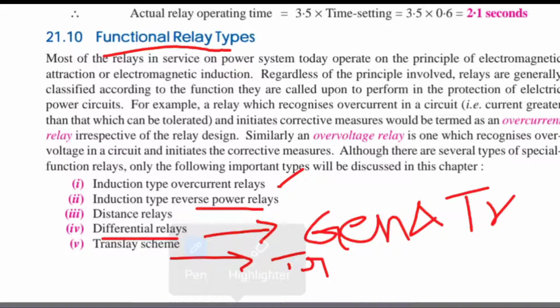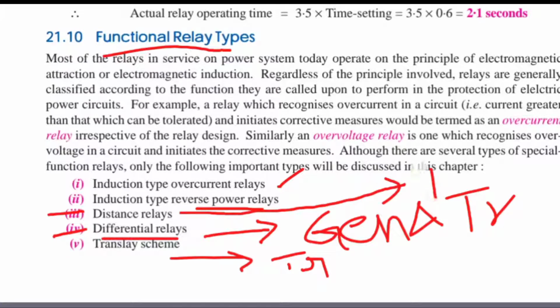Very important: in the second unit, distance relays and differential relays play an important role. What a differential relay is and what a distance relay is will be studied in this unit 1. After that we employ these relays directly. Transmission lines are protected with distance relays.